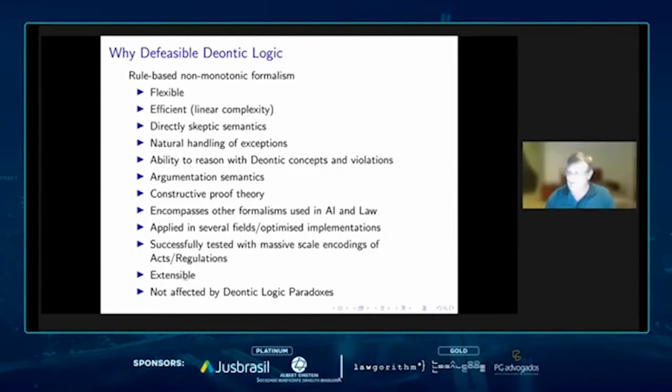It is also extensible, which is part of what I'm going to do today: the extension is how to deal with legal references. And as we know, in most cases Deontic representations suffer from paradoxes, but defeasible Deontic logic, for several reasons, something very simple, is not affected by them.